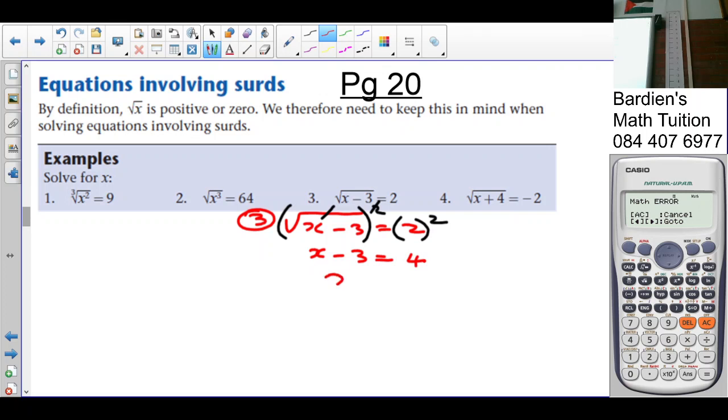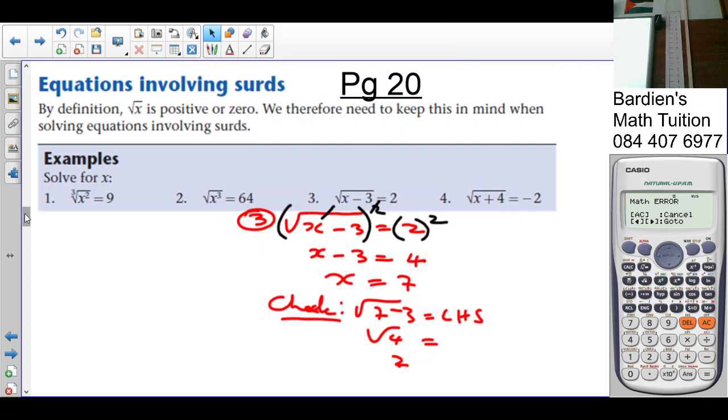Take it over. So x is equal to 7. And we can check. When you get it in this form, you always check. The square root of, for the left hand side, 7 minus 3. What is 7 minus 3? 4. What's the square root of 4? 2. Is the left hand side equal to the right hand side? Yes. So 7 is good.